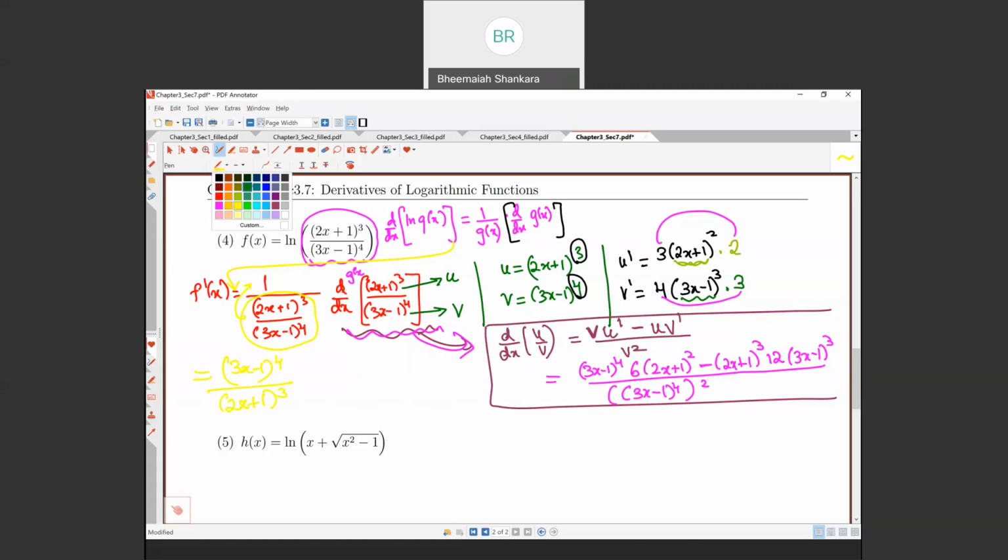And the derivative of this quotient term, we did find that this is 3x minus 1 to the 4 times 6 times 2x plus 1 squared, negative 2x plus 1 cubed times 12 times 3x minus 1 cubed. The entire function is divided by 3x minus 1 to the 4, and then you have a square. You can also write this as 4 times 2, 8. So this is your final answer.